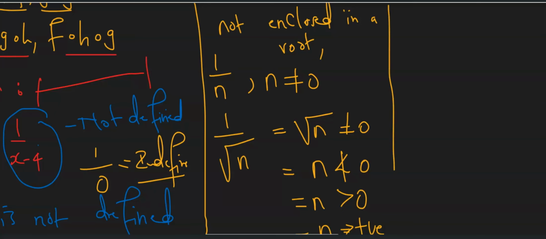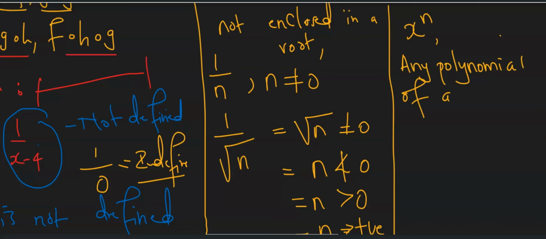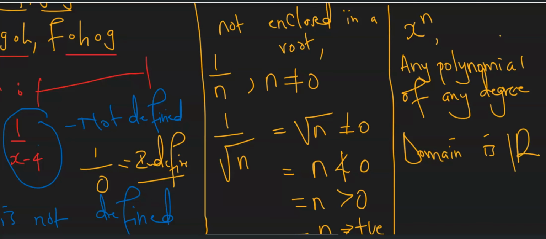The other rule behind domain is that any polynomial of any degree, x to the power n, always has as its domain the set of all real numbers.